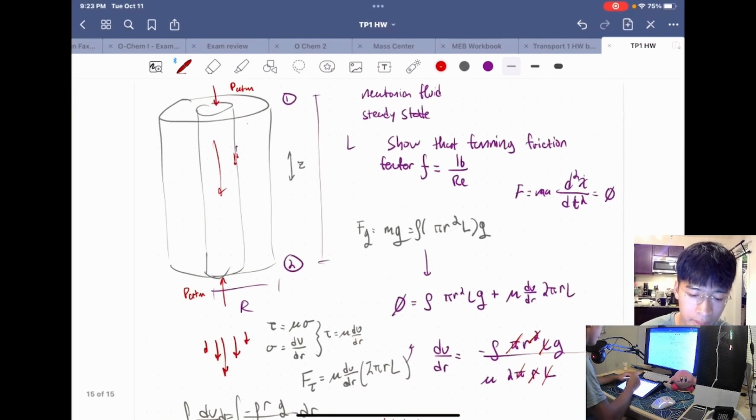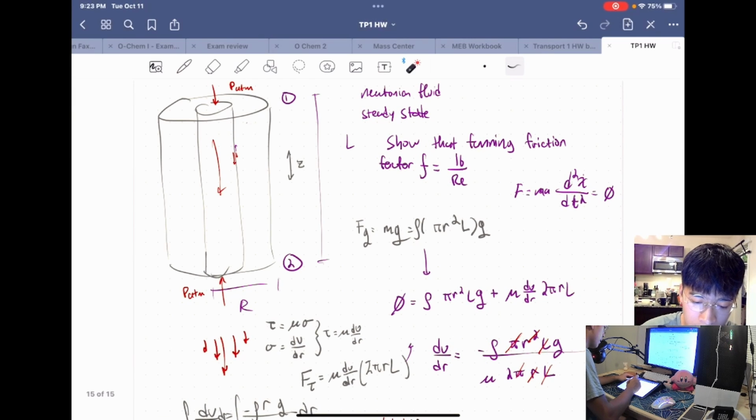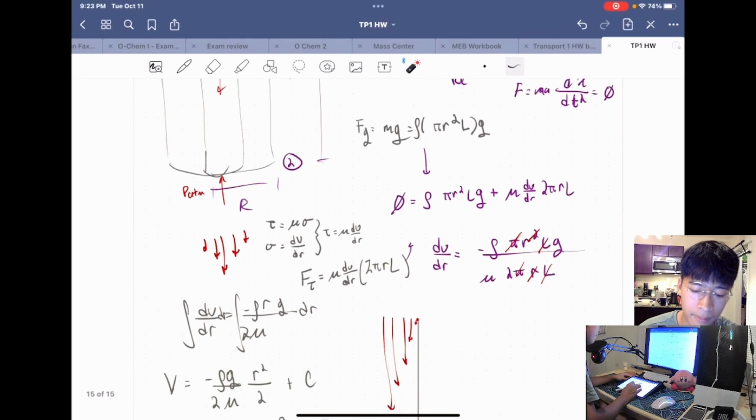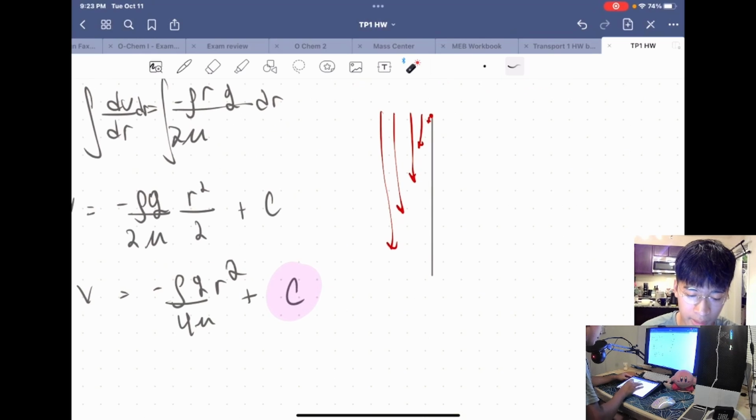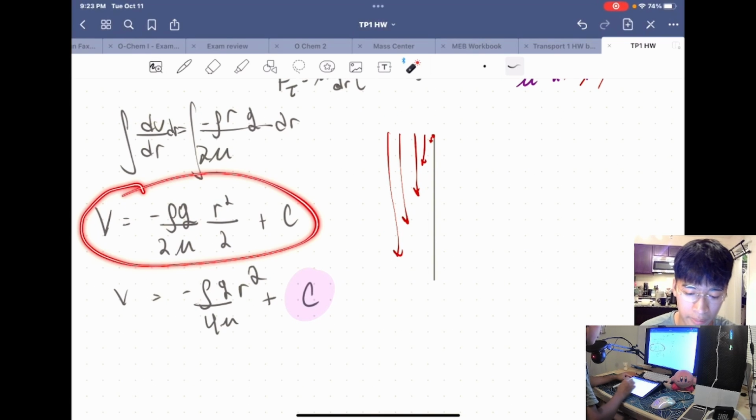For our pipe, the velocity at the surface of the pipe should equal 0. In other words, when the radius equals big R, the radius of the pipe, velocity equals 0. And guess what? We have an expression right there for that.